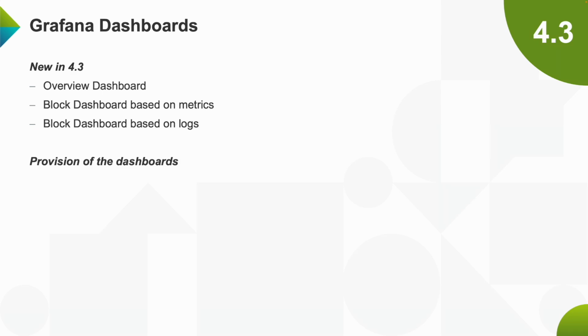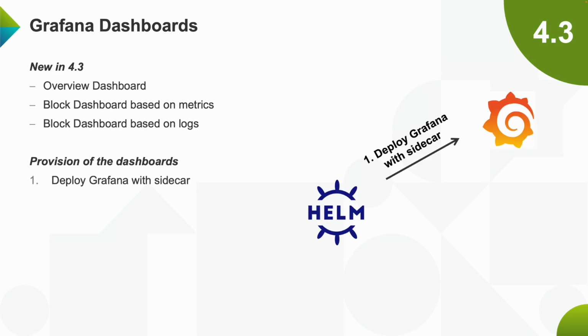Provisioning the dashboards is as easy as possible. You need to deploy Grafana with Sidecar. This sidecar is part of the Grafana installation and watches for dashboards stored in config maps.